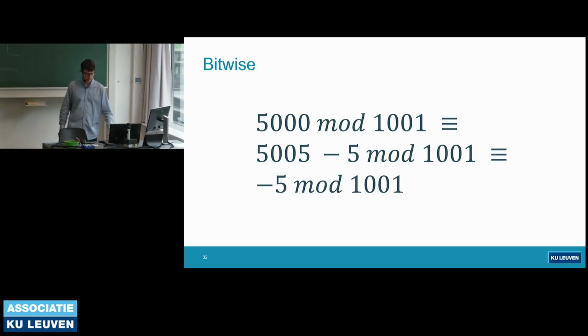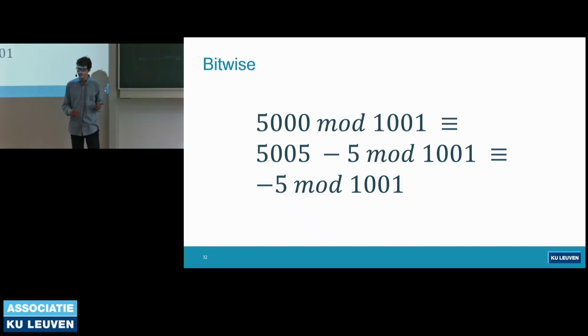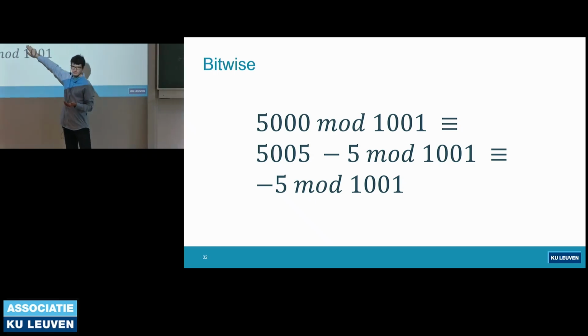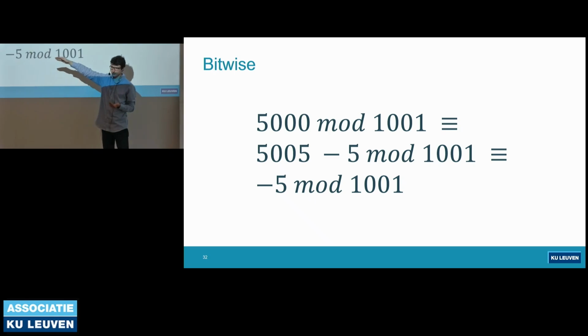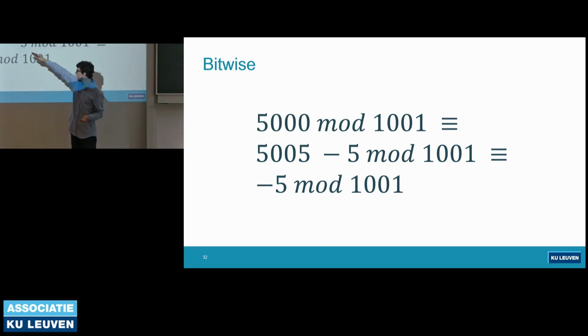It's the same thing as if you would take 5,000 and you wanted to do it modulo 1001. At first this seems like a difficult problem, but then you realize 5,000 is just 5,000 minus 5. And 5,000 minus 5 modulo 1001 is easy, that's 0. So really 5,000 is minus 5.